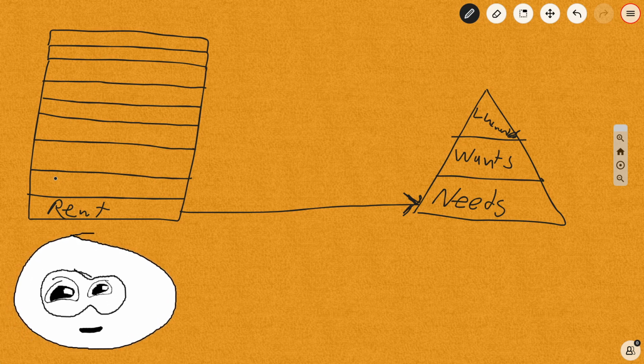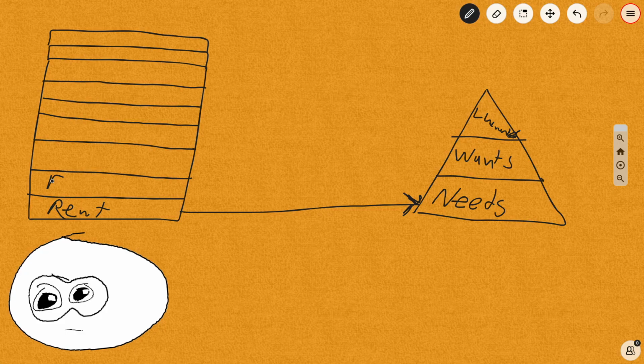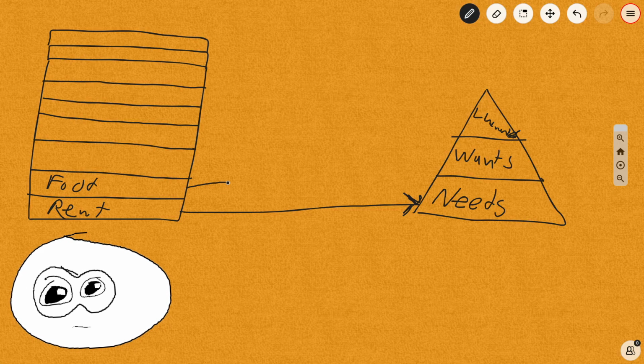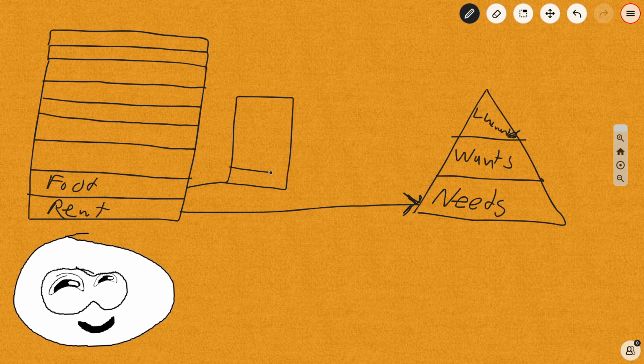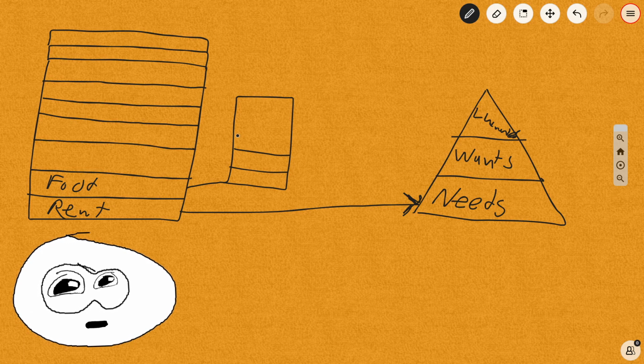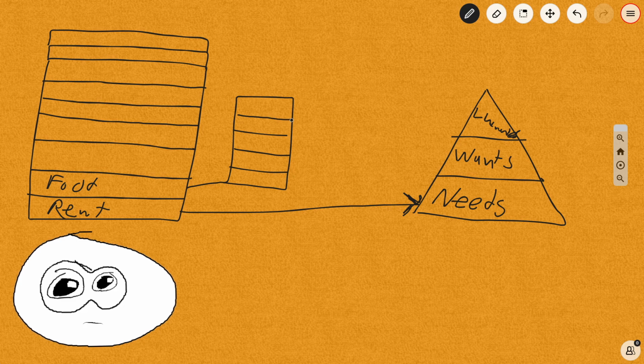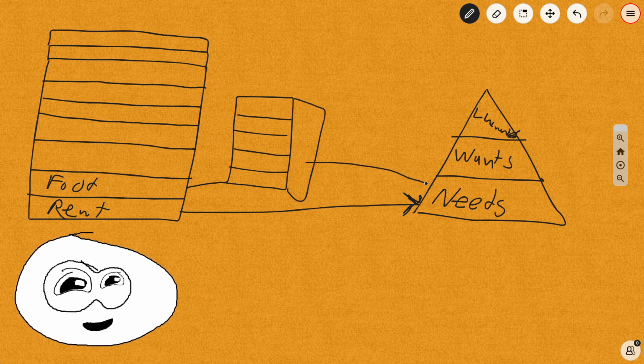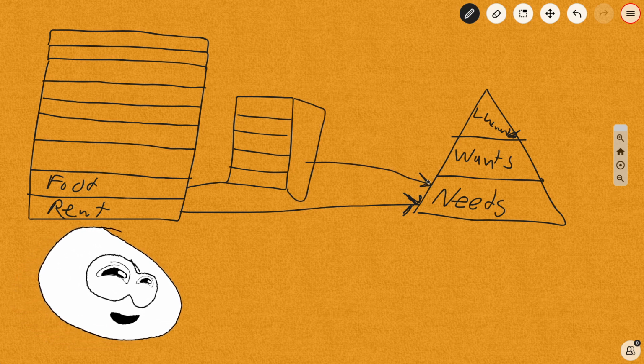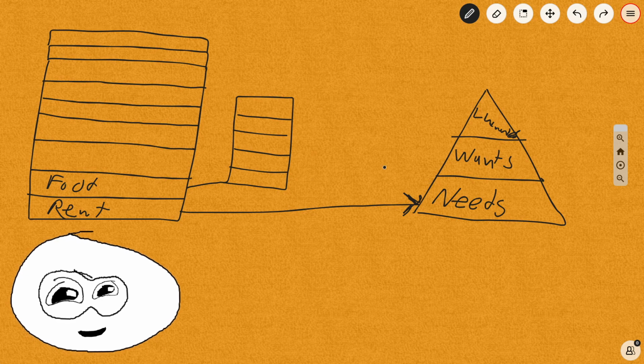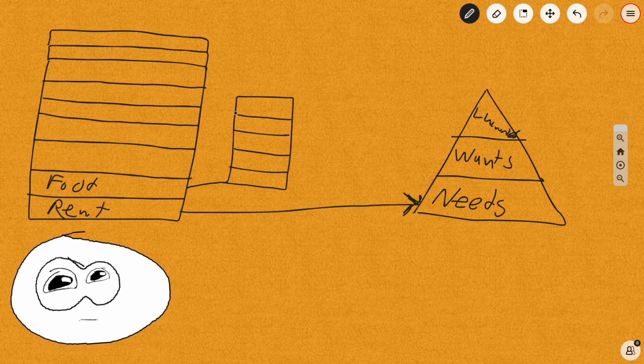And then, let's say food. For food, you actually got to subdivide that again, because a lot of people would just throw food all into needs, right? I need to have food. I need to eat. I have to have this. But then you also got to categorize the foods, right?